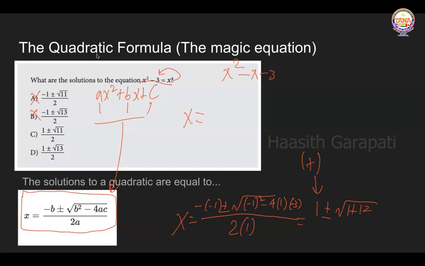Let me use the highlight feature. Okay, yeah. There's a negative over here, but then we have a -3 over here. So that overall cancels out into a positive. And then we just have 2 on the bottom. So this turns into 13. 1 plus or minus square root of 13 over 2. D is going to be the correct answer.